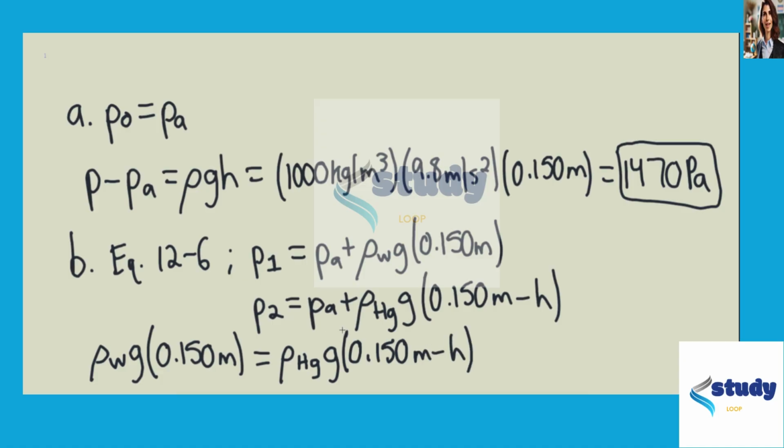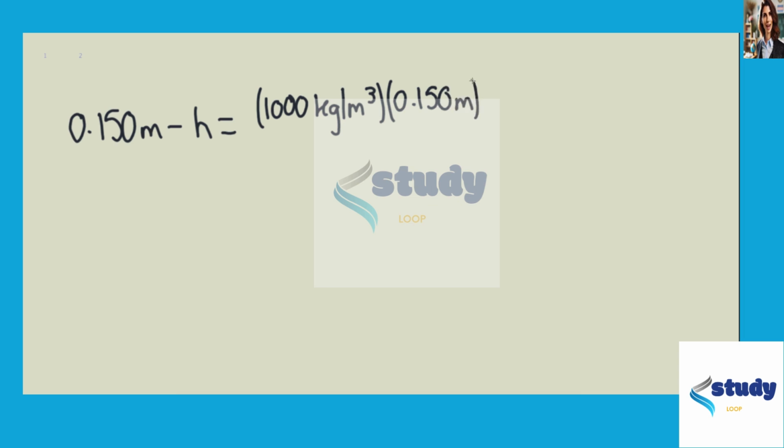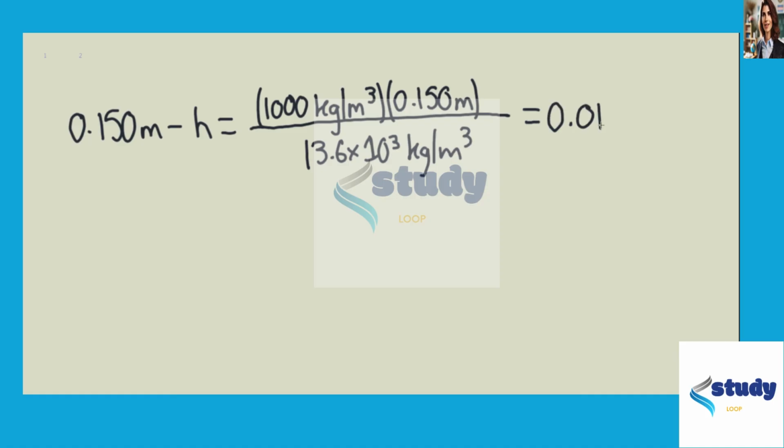Of course, here the gravity will cancel out, and we have that 0.150 meters minus h is going to be equal to the density of water, 1,000 kilograms per meter cubed, multiplied by 0.150 meters, divided by the density of mercury, 13.6 times 10 to the third kilograms per cubic meter, and we find that this is equal to 0.011 meter.